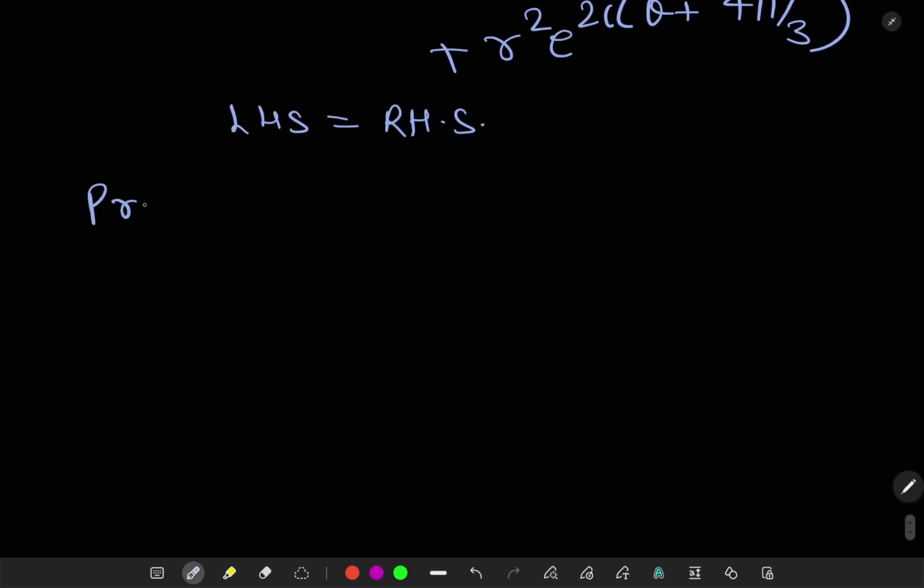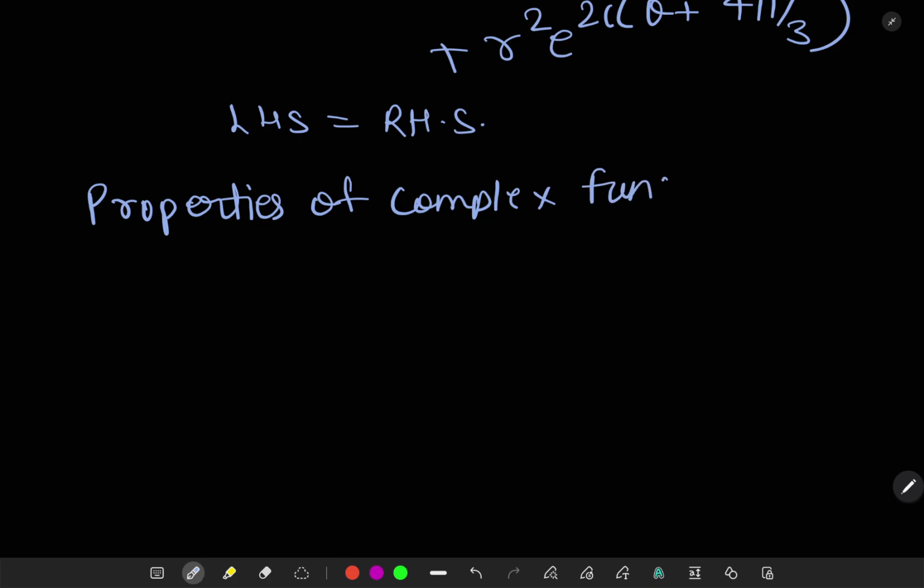Now properties of complex functions. First is analyticity.